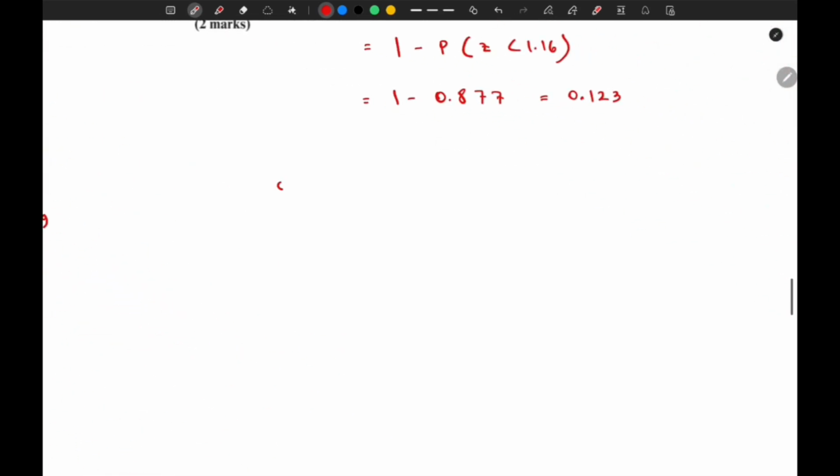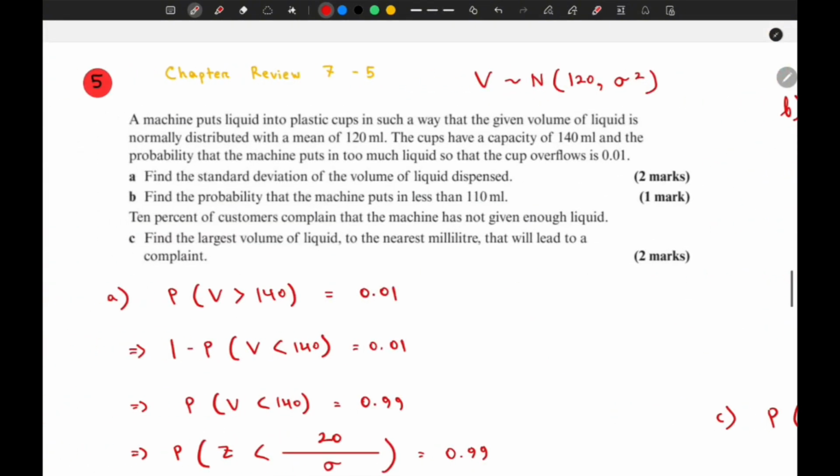So let's assume that the largest volume of liquid is, let's say, X. If the machine gives us a volume of liquid which is less than X, it will lead to a complaint. So we can say that the probability for the volume to be less than X is equal to 10%, because 10% of the customers are complaining.